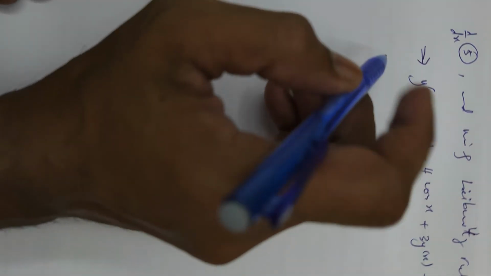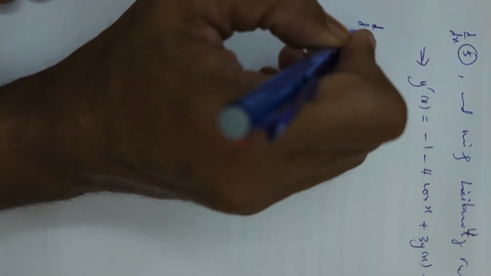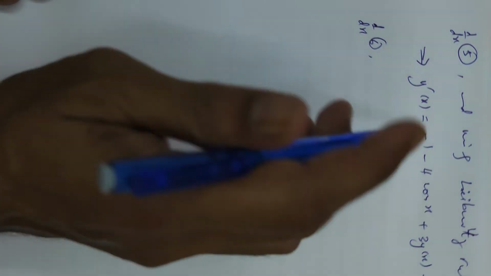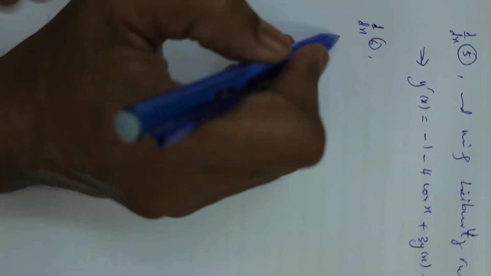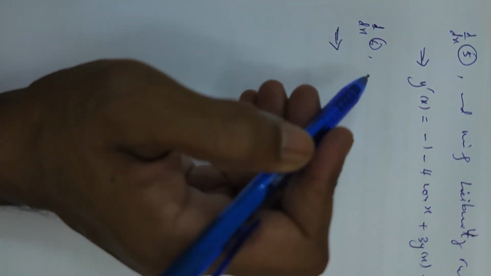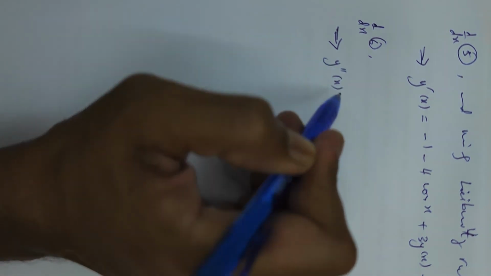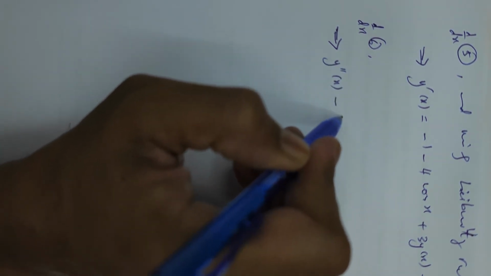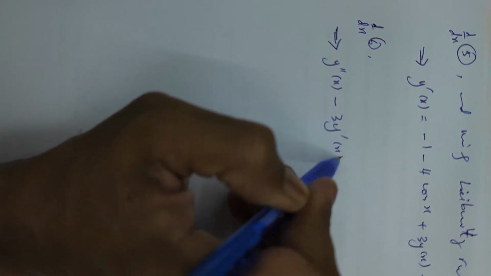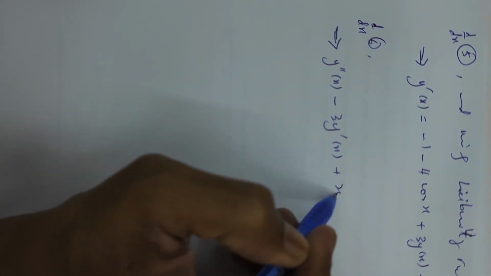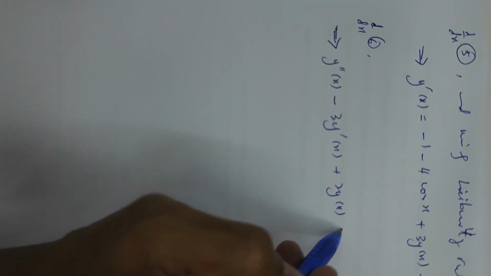We differentiate again, d dx of 6, again using Leibniz rule. Okay, so just don't write those things. So we end up with y double prime x minus 3y prime x plus 2y x equal to 4 sine x.